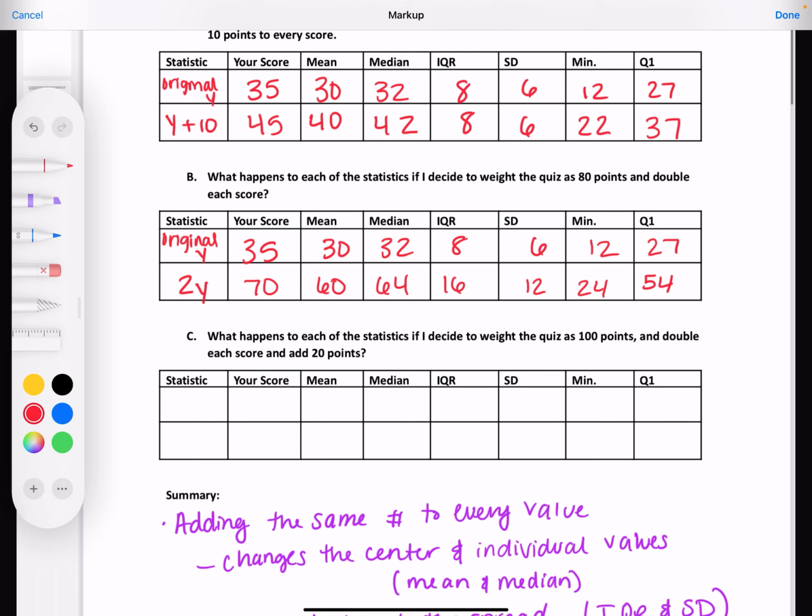All right, so then the next one, what happens to each of the statistics if I decide to weight the quiz as 100 points? So you're doubling each score and then adding 20. Again, we copy down those values that we started with. So what is the equation? 2y plus 20. Yep. So you're going to multiply by 2, then add the 20 for everything except IQR and standard deviation.